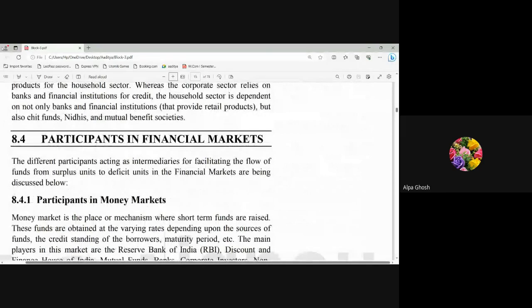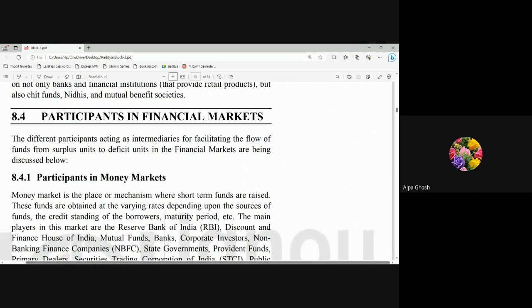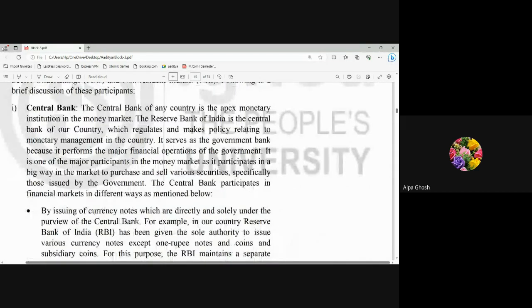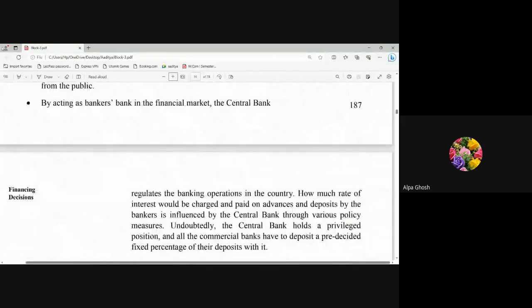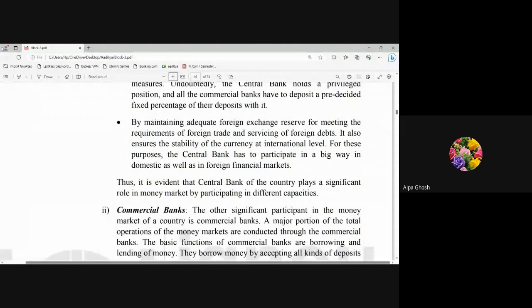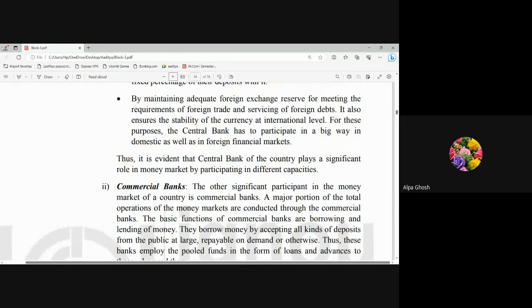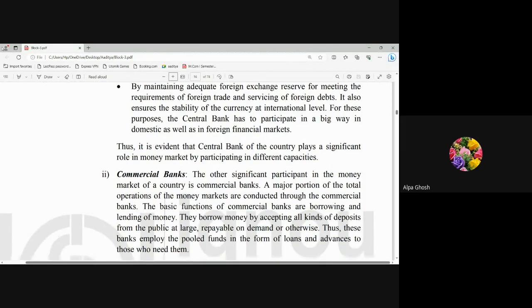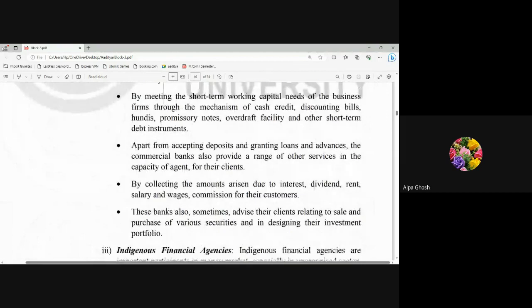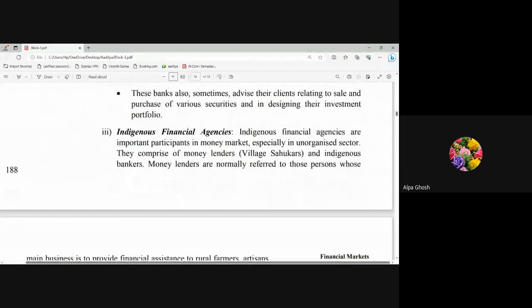Who are the participants in financial market? The participants are the bank, the central bank of the country. Next participant are the commercial banks. Other than the central bank, we have the commercial banks. Other indigenous financial agencies.